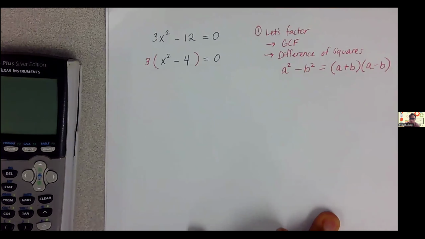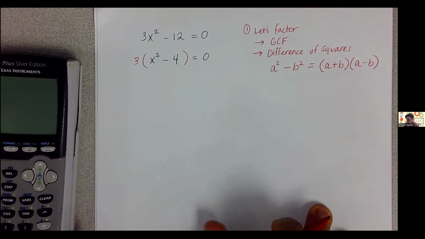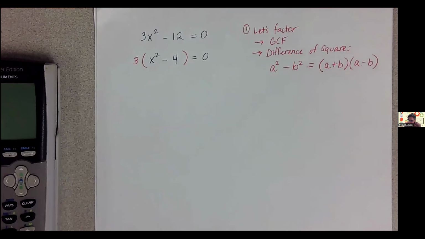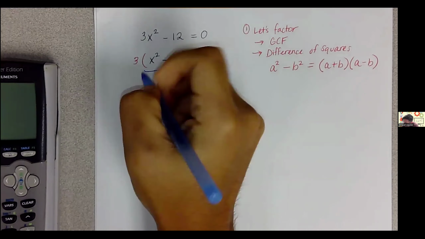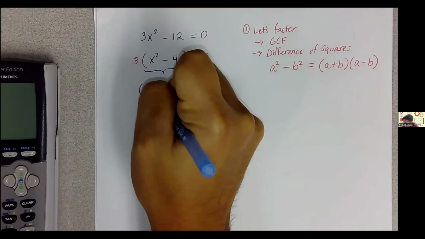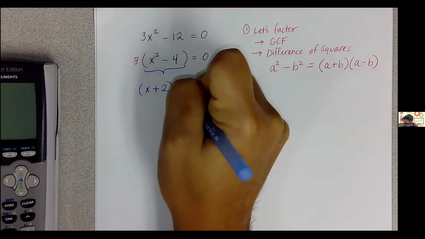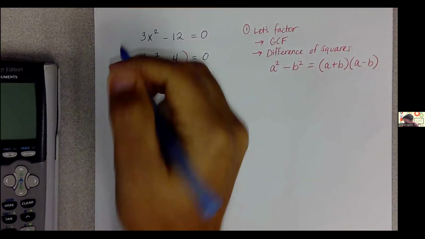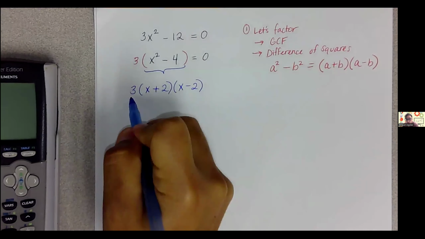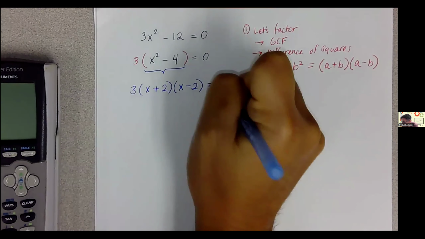So I should be able to factor this polynomial into x plus 2 times x minus 2. And we can't forget that we factored out that factor of 3 at the very beginning.